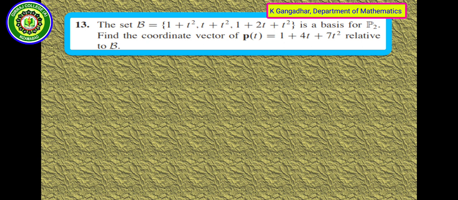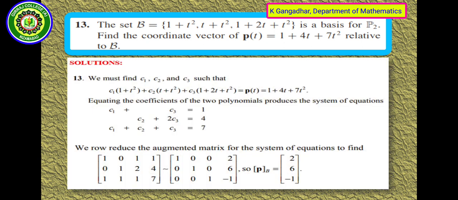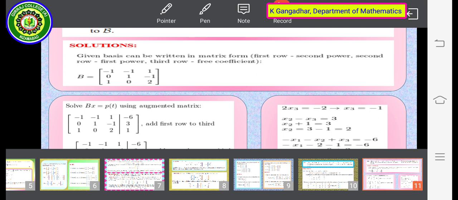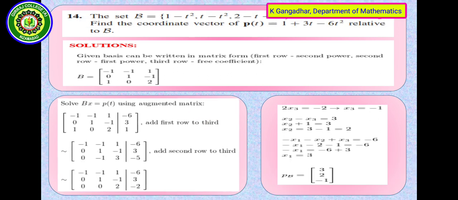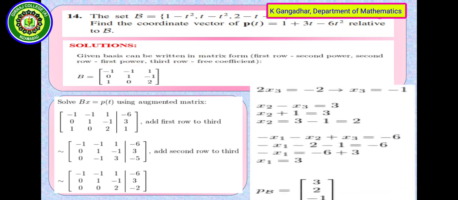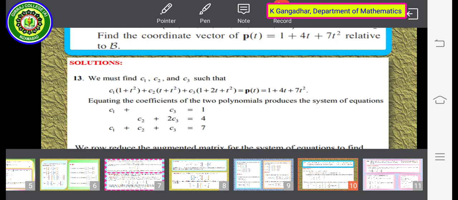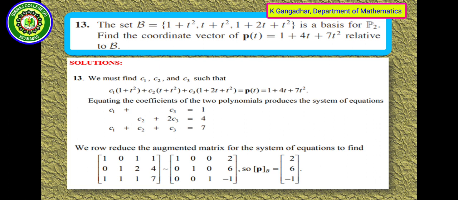So 1 + 4t + 7t^2 equals C1 into (1 + t^2) plus C2 into (t + t^2) plus C3 into (1 + 2t + t^2), equal to the vector p(t).